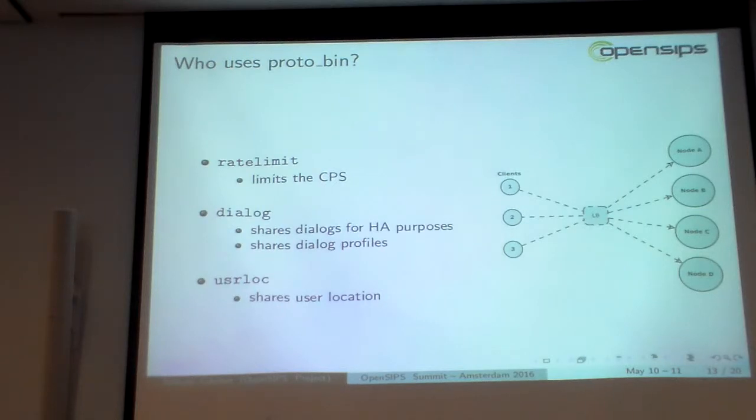So actually, even if there was NAT, this information is useful because, for example, you still have to share some information. In this case, everybody needs to know that node A knows where client 1 is. So in case node B wants to talk to client 1, it must somehow know that it should go through node A. So yeah, in 2 steps, because that's what NAT does. But still it is something that you want to share.